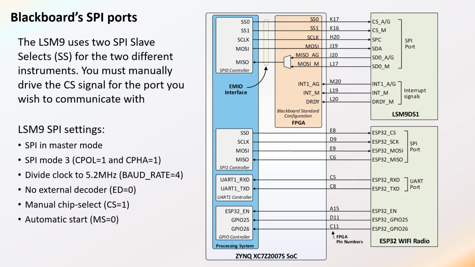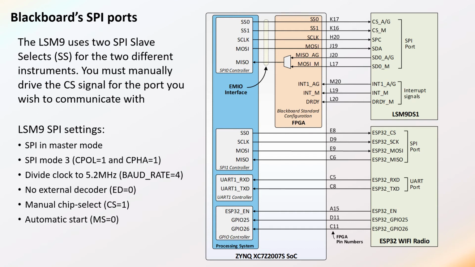Okay, here's the picture I thought was on the last slide. This is showing all of the SPI ports on the blackboard. Now we're interested in the SPI ports connecting the Zynq to the LSM9, and that's shown in the upper half of the block diagram. You can see the very top 2 pins there.